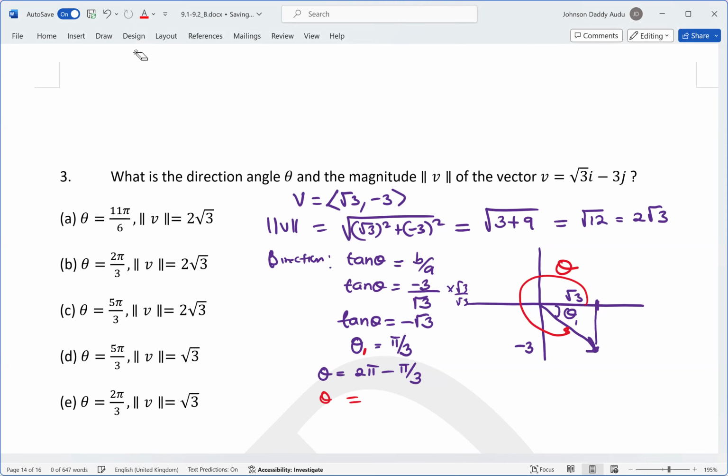So it means the answer is C, right? Yes.